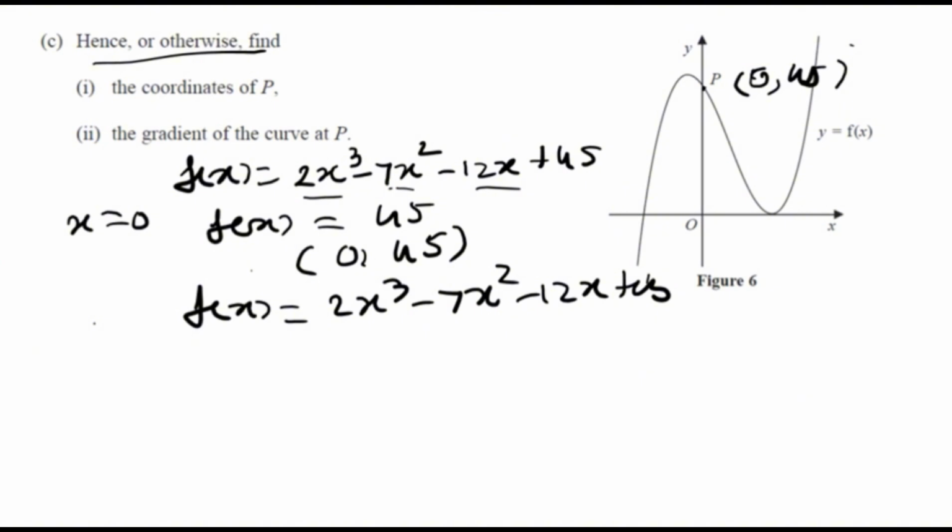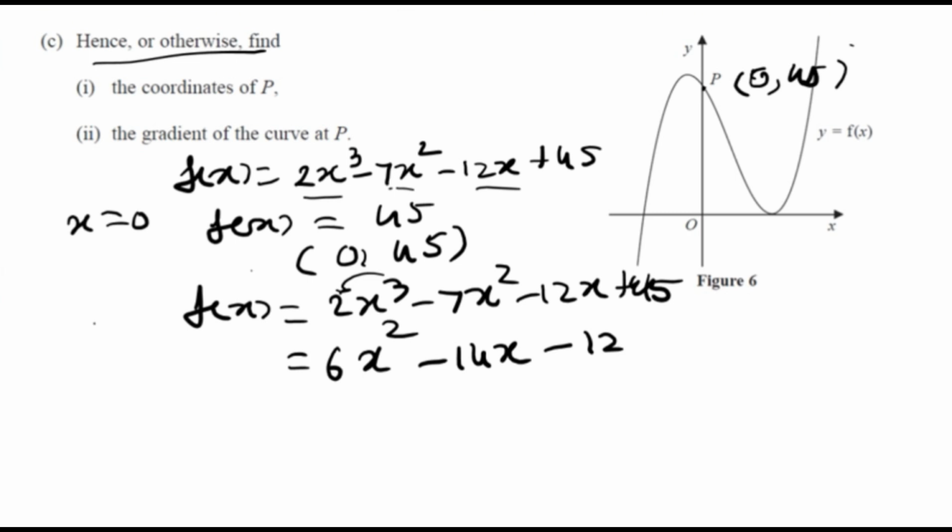To do differentiation, we multiply 3 with this number, that will give you 6, and then we put 1 power less, which is squared. 7 times 2 is 14, 1 power less is x, minus 12. Here there is a 1 power and 1 minus 1 is 0, so that's it.